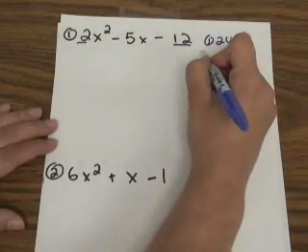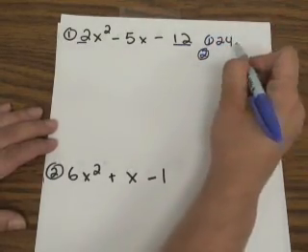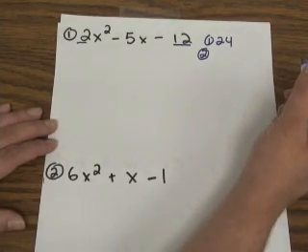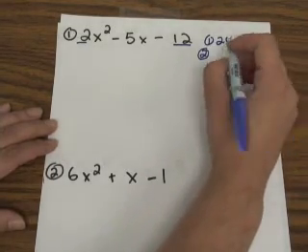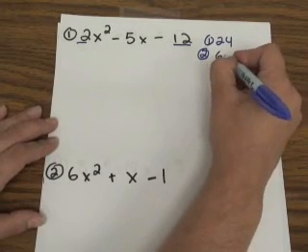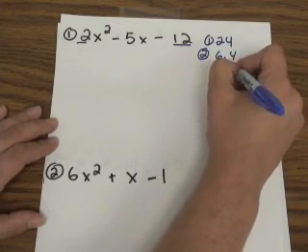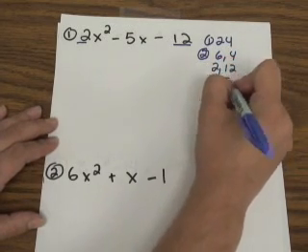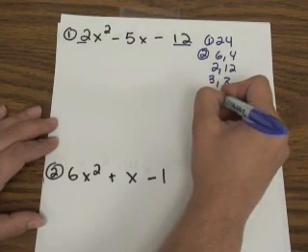That's the first step. The second step says to list the factors of whatever number you found in step 1. So the number 24 has factors of 6 and 4, 2 and 12, 3 and 8, and 1 and 24.